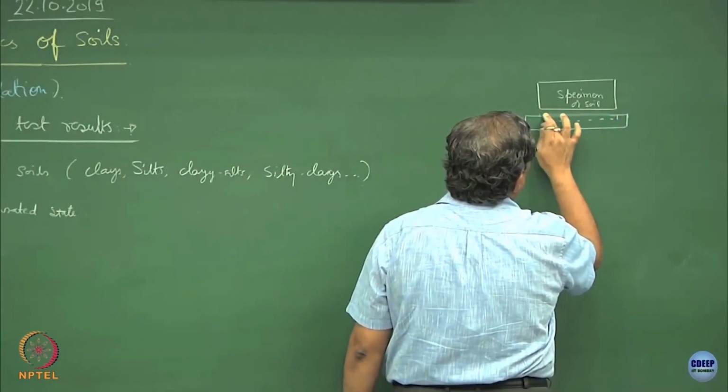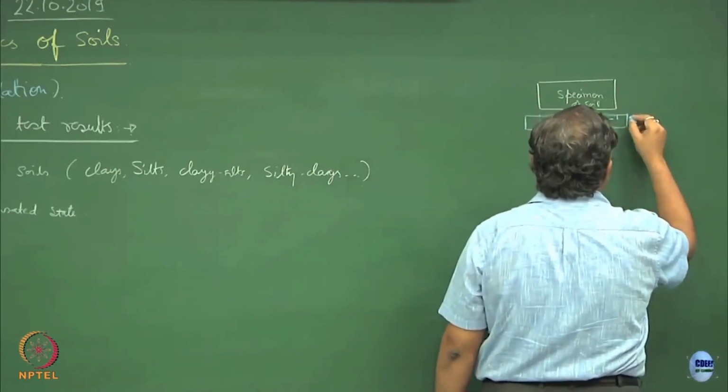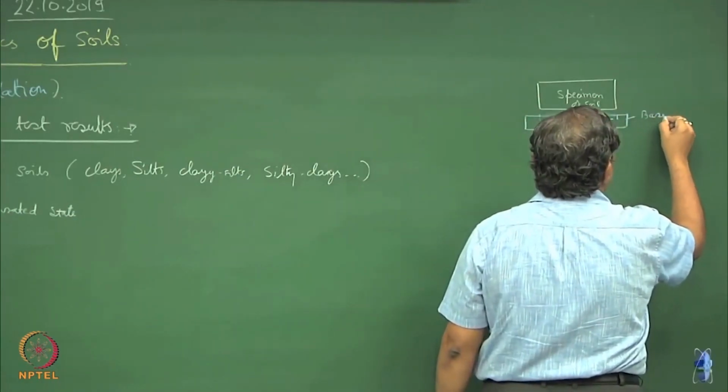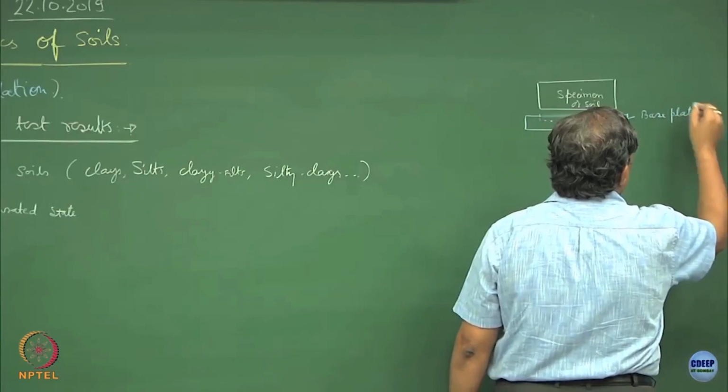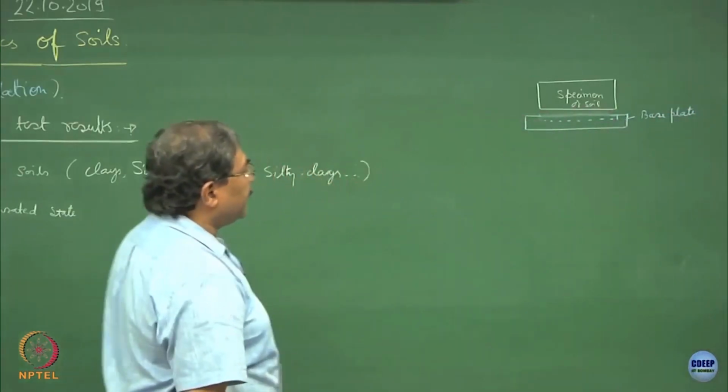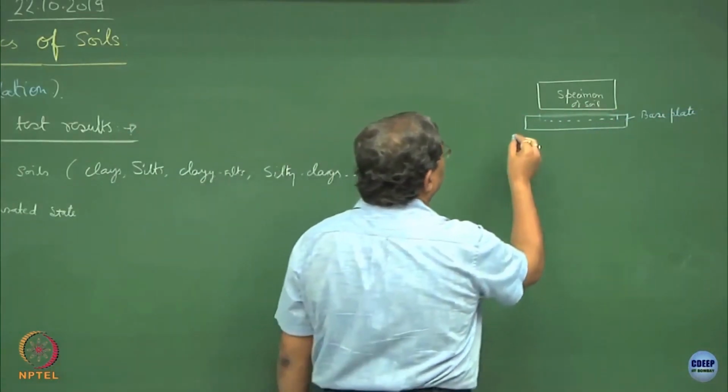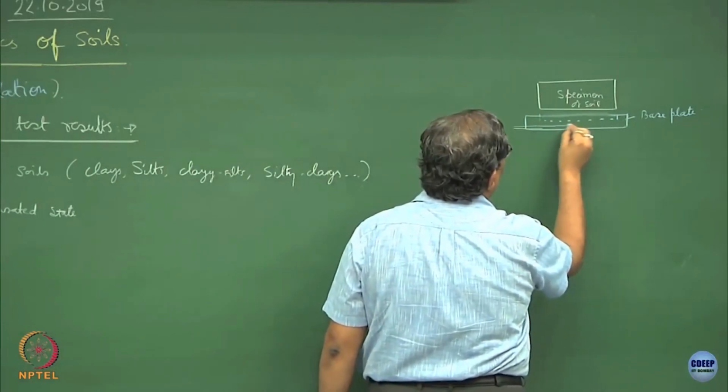This is what is known as the base plate, and this base plate is connected with a drainage tube.